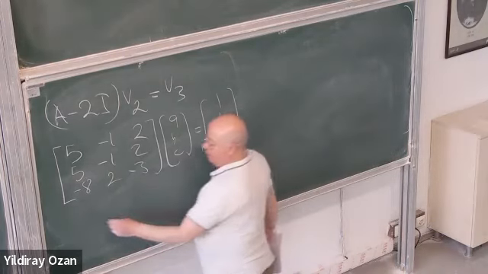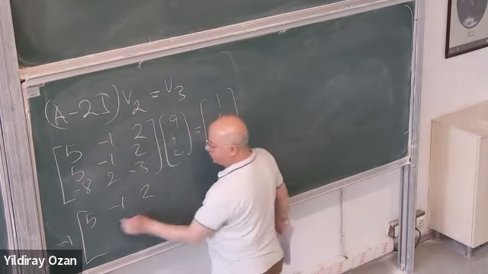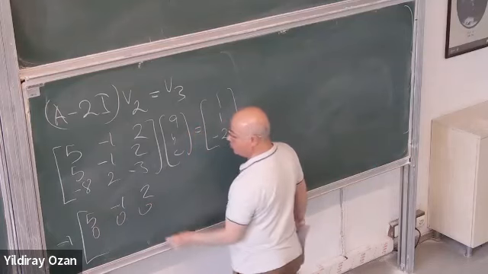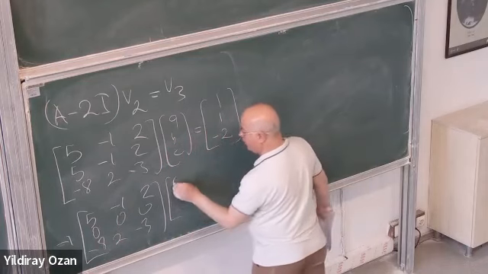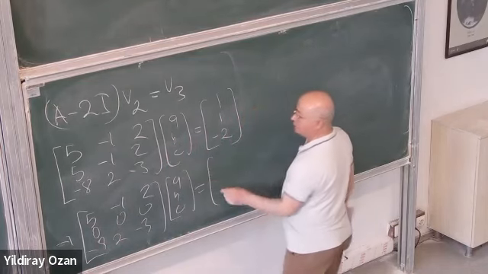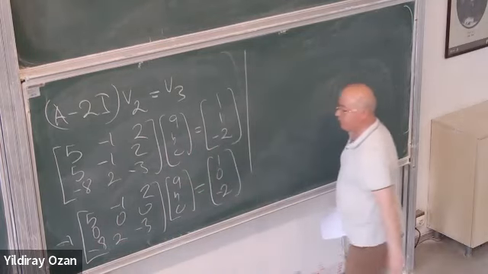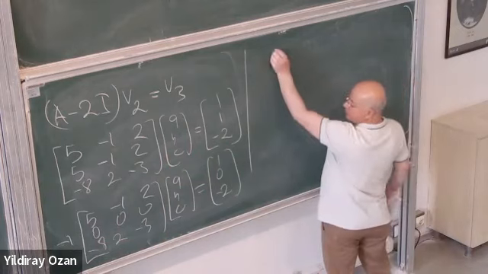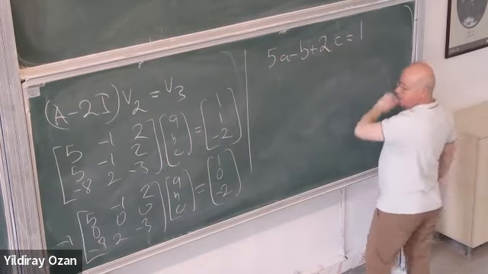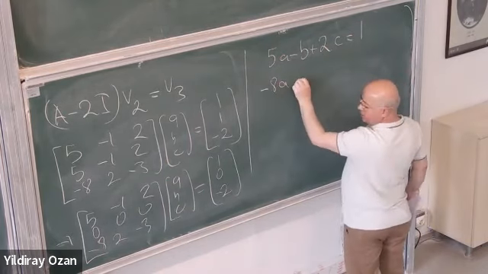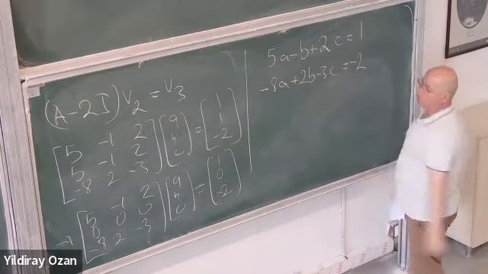Again, I can kill this guy. Eksi 1 ile çarpıp topladım. Now we have these two equations: 5A minus B plus 2C is 1, and minus 8A plus 2B minus 3C is equal to minus 2.